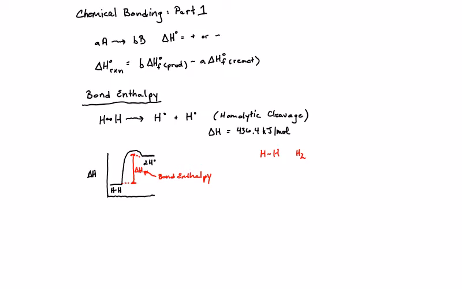There is no other compound that has an H-H bond. The same thing goes for a fluorine-fluorine bond, which would be F2, or say an H-Cl bond. Hydrogen chloride would be the only example of that. But if we consider something like, let's say, a C-H bond, well, there's actually several different examples of that.